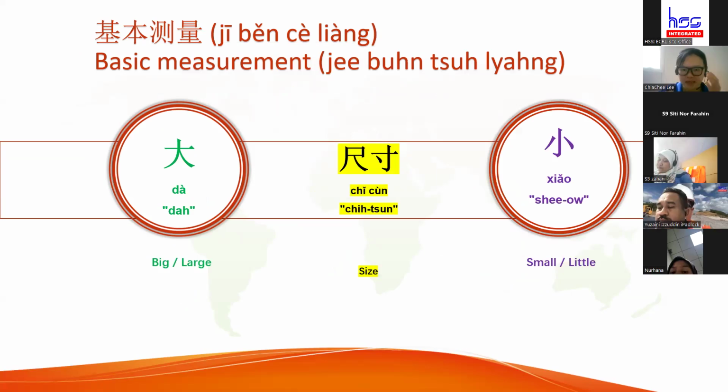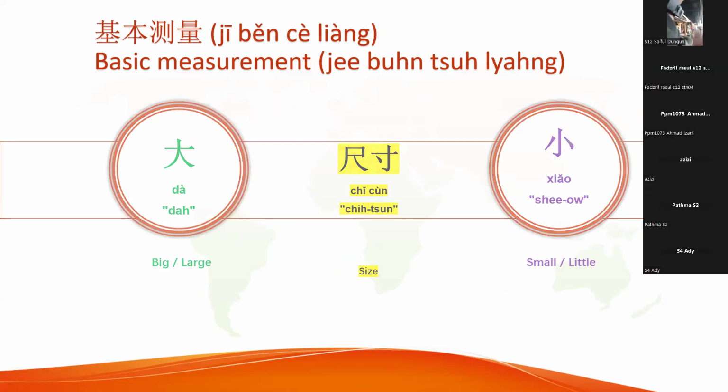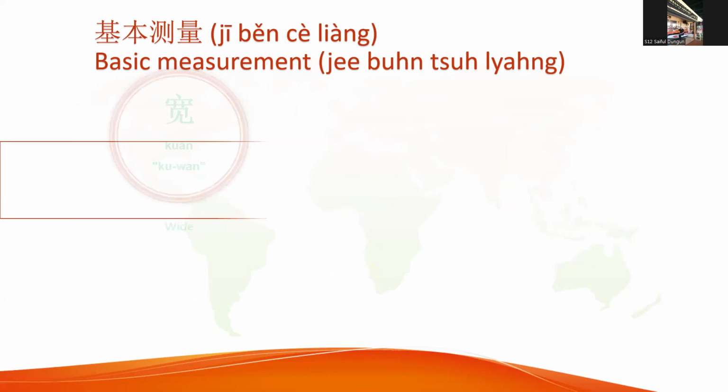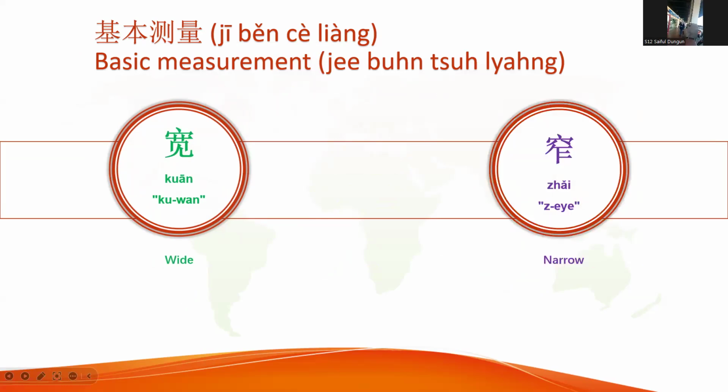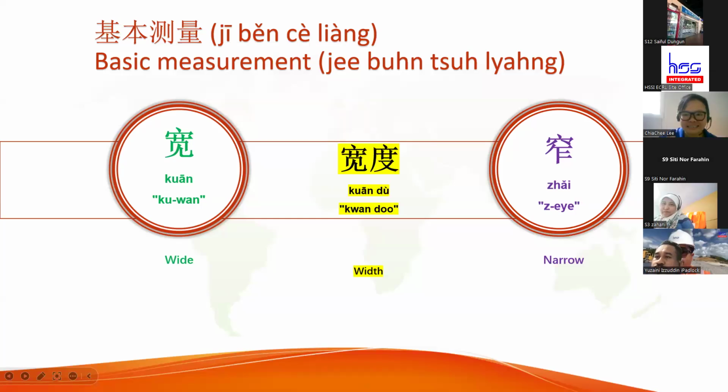Then the last pair we have is width. So we have 宽, which is wide, in comparison with narrow, which is 窄. So both 宽 and 窄 are width, 宽度.